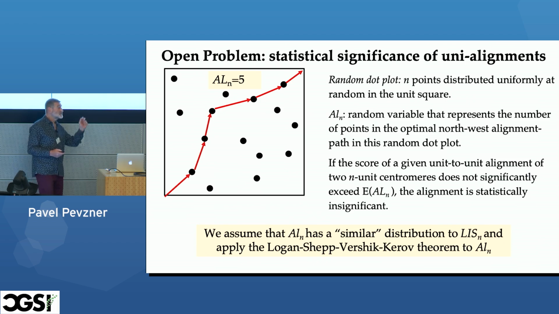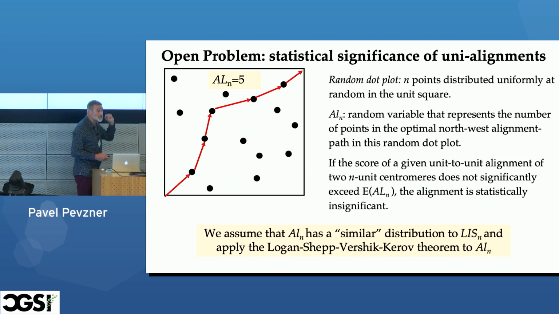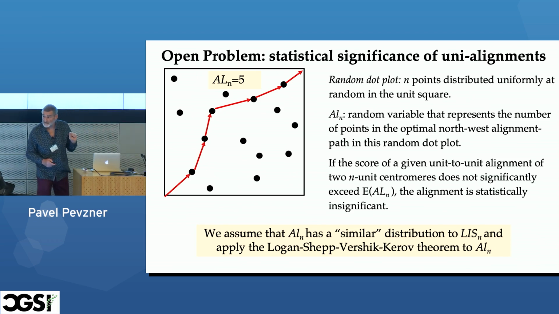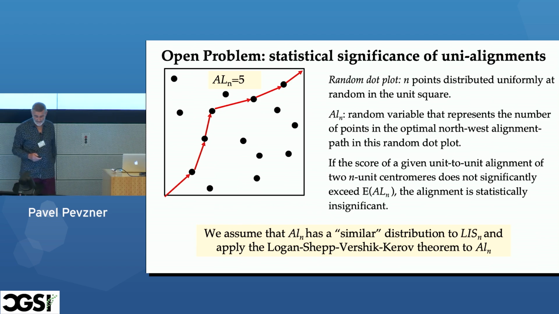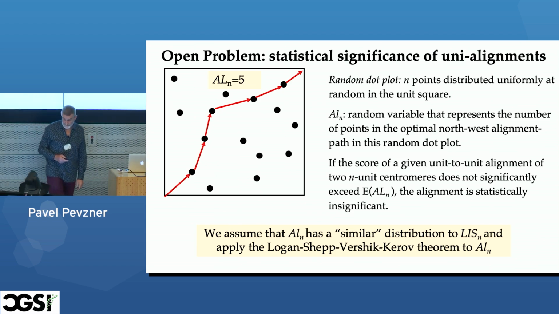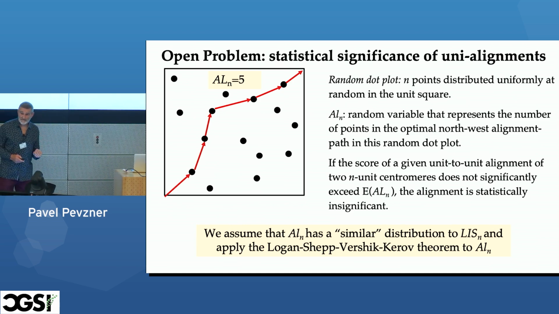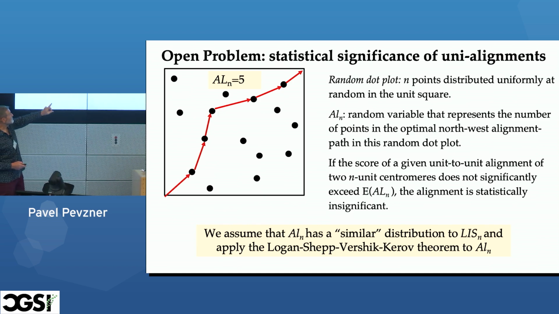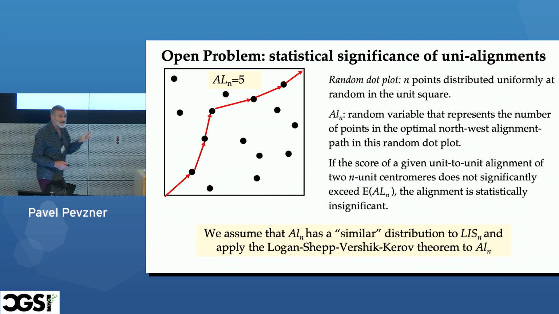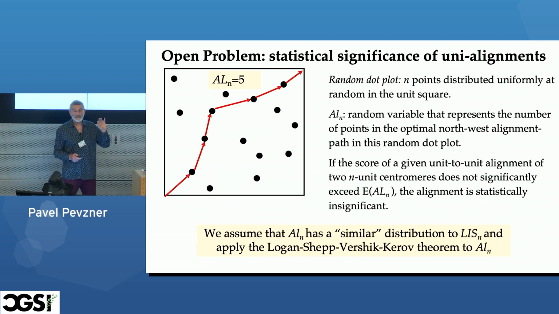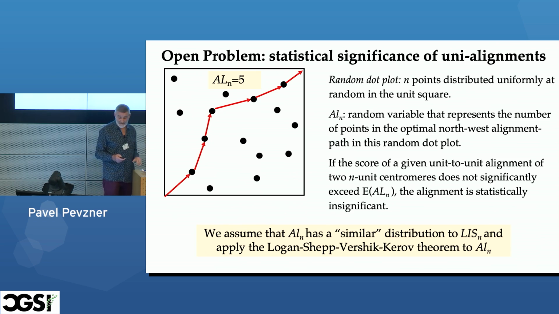And looking at two centromeres, we can construct an equivalent of a dot plot for two centromeres that looks like this. I won't go into the details. Now, if we construct this dot plot for centromeres, and this variable's value is similar to what we expect on average from a random permutation, then we probably should declare this similarity as random.